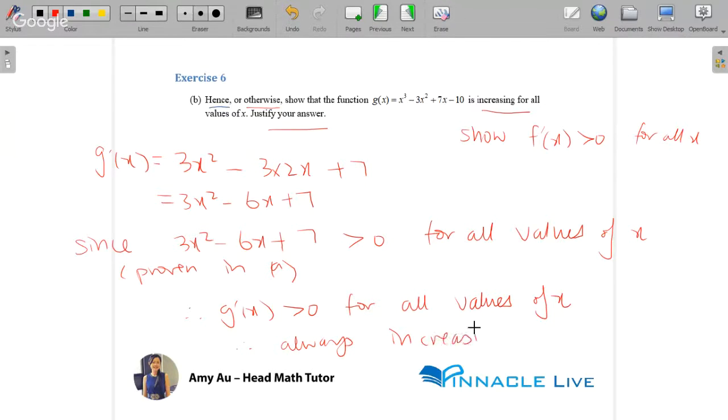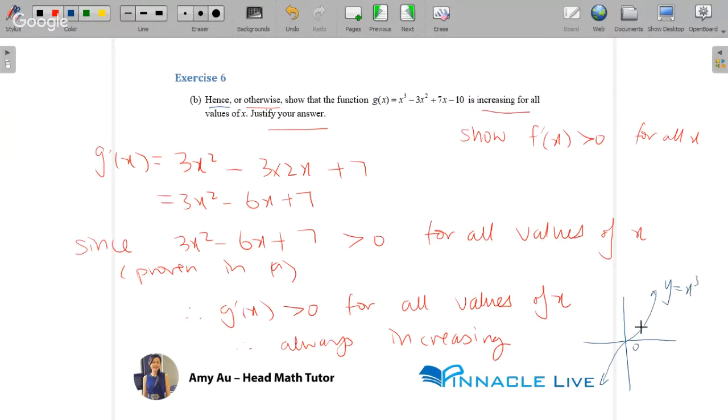Now, if you're wondering what it means to be always increasing, let's discuss this. Always increasing means it doesn't actually have any turning points. So let me give you an example of something that's always increasing. The cubic. It's not always increasing, but mostly increasing.